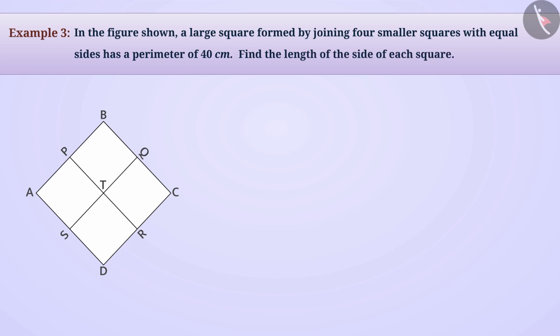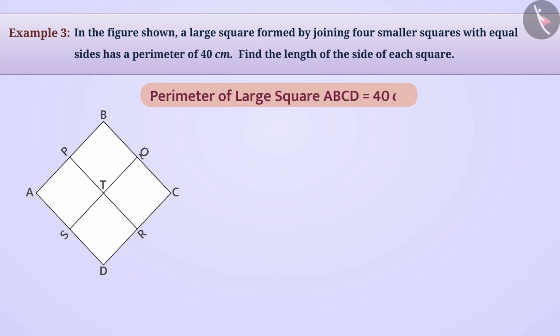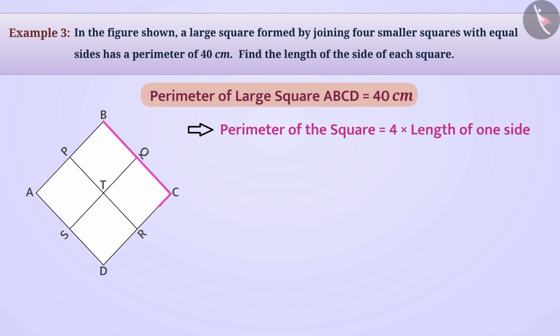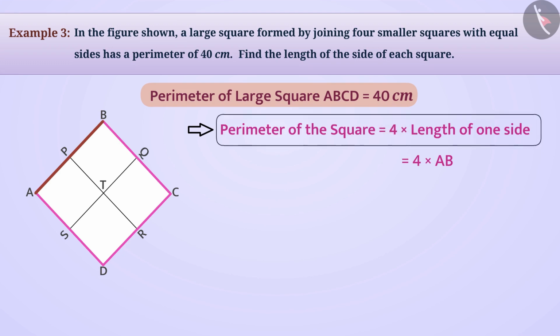In this example, we are given that the perimeter of large square ABCD is equal to 40 cm. We know that perimeter of a square is equal to 4 multiplied by length of one side. That is, perimeter of square ABCD is equal to 4 multiplied by AB. Since we multiply the length of one side by 4, we get the perimeter of the square.